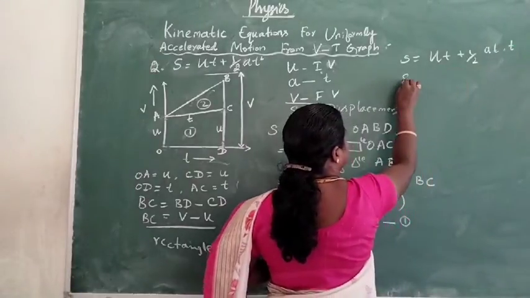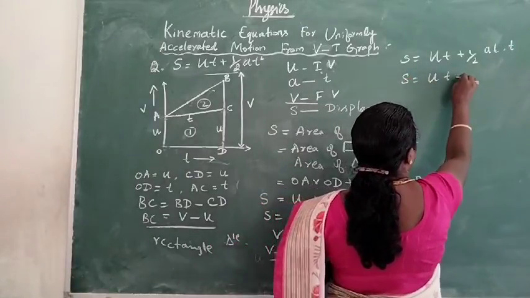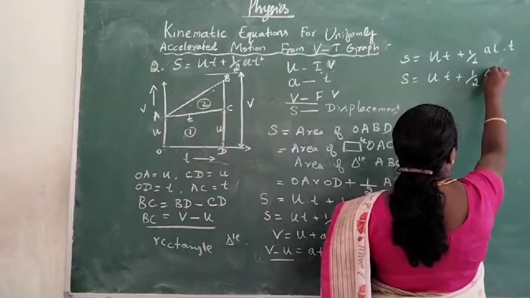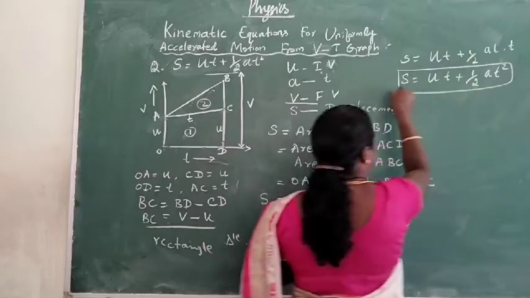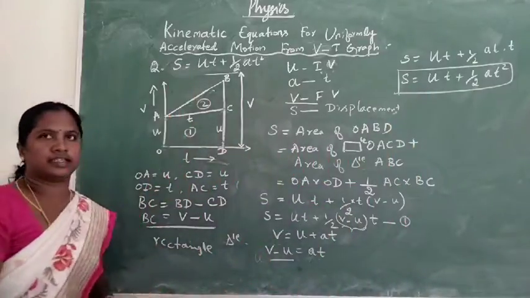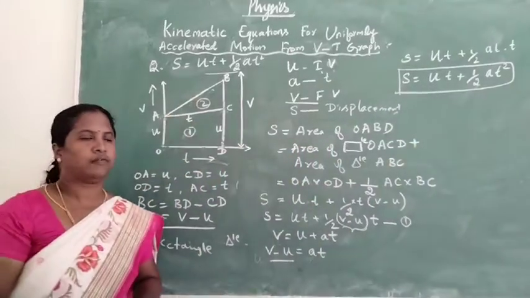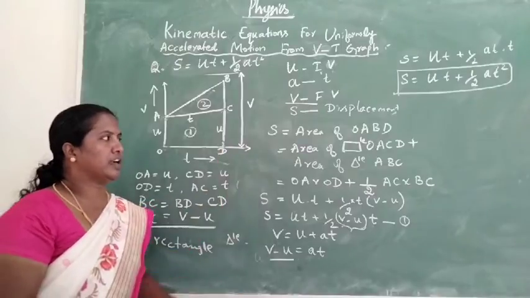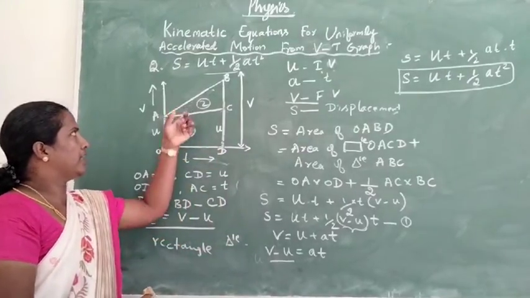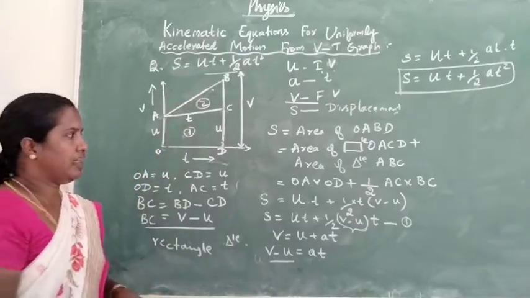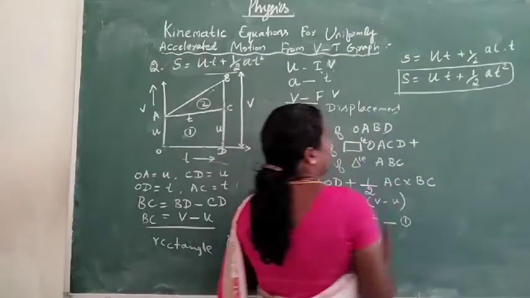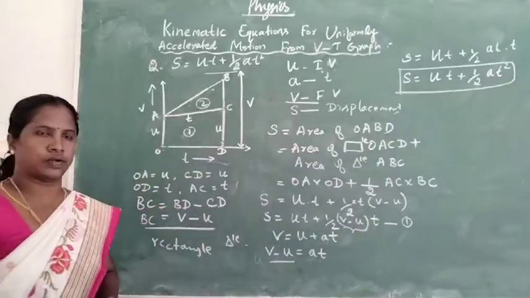This can be written as S is equal to UT plus half AT square, which is the second equation of motion. This can be derived by using the two areas for displacement, that means the area of the rectangle and the area of the triangle.